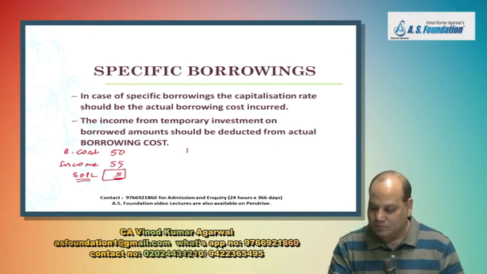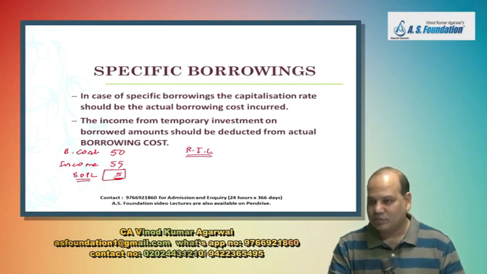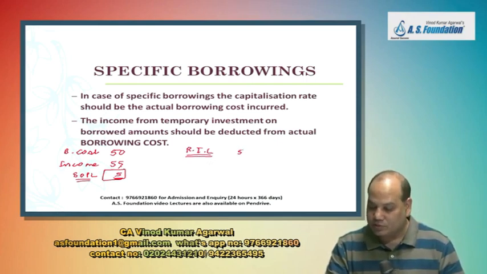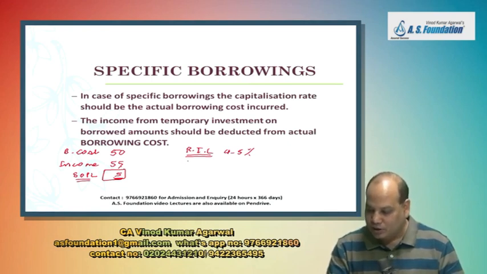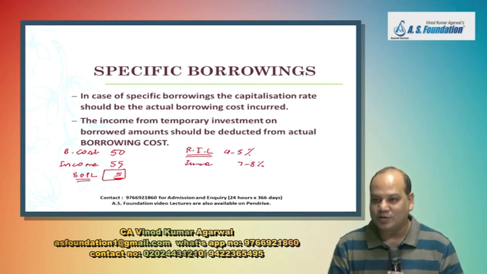For example, a company like Reliance Industries Limited has goodwill in the market. They raise funds at around 4 to 5% interest rate because they have so much reputation, and they invest at around 6 to 7% or 8% interest also. That is what they do.